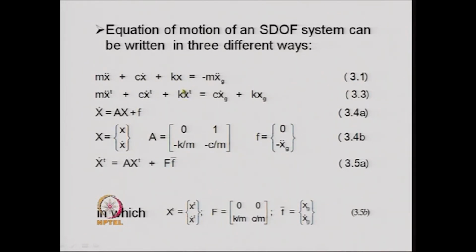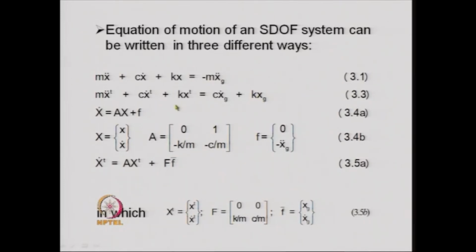they turn out to be K x t, because x plus x g is equal to the total displacement. Similarly, here it turns out to be x dot t, and since we have added K x g and C x dot g on the left hand side, we put them also on the right hand side.